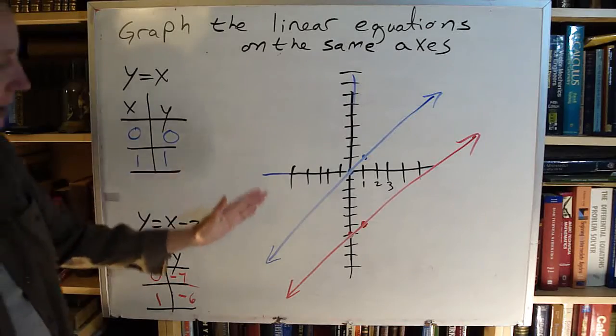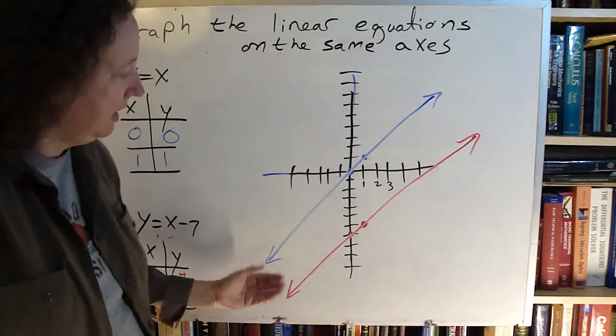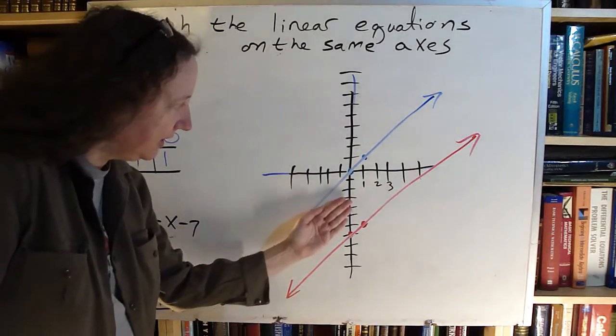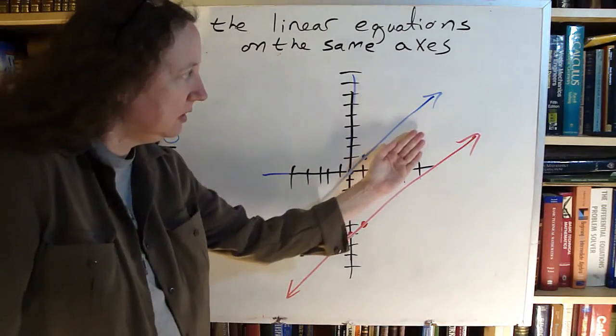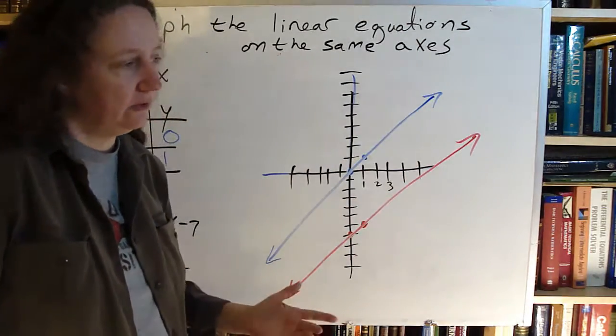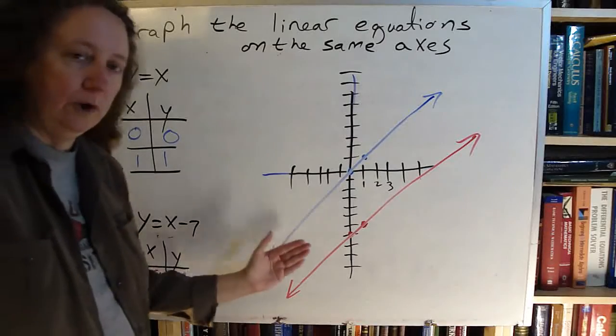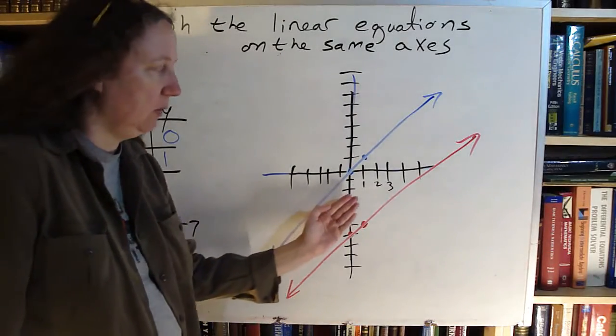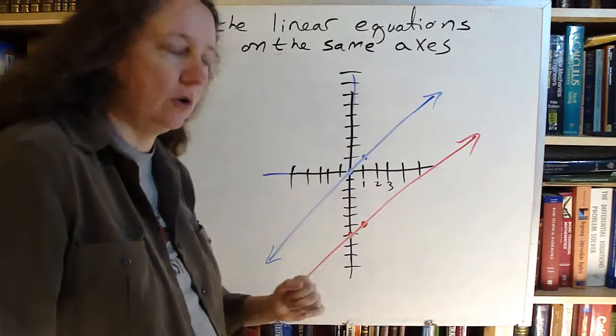So I have two lines, and they stay about the same distance apart all the way up, or at least they're supposed to. When you do this on a computer, it will stay the same distance apart all the way up.